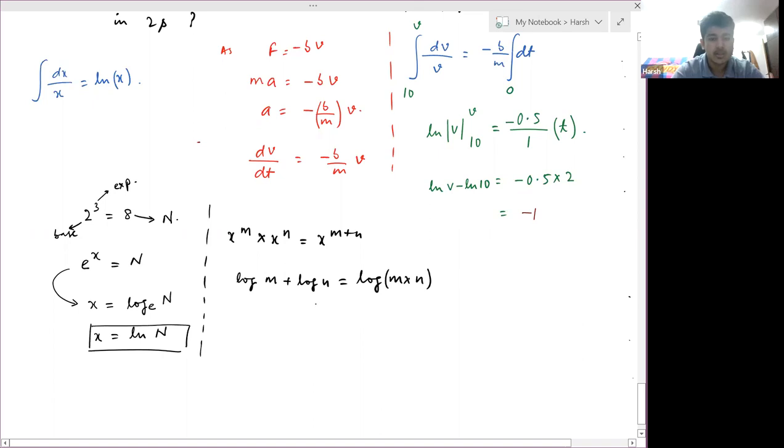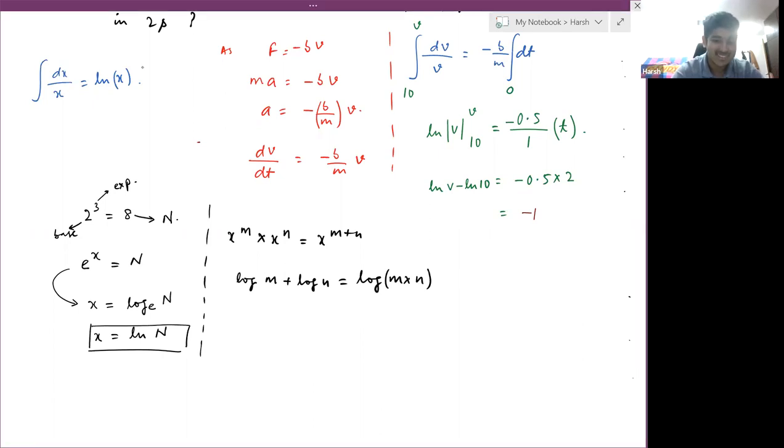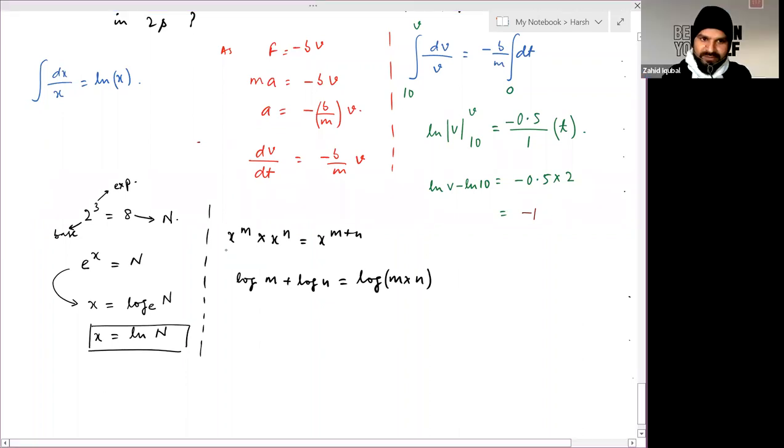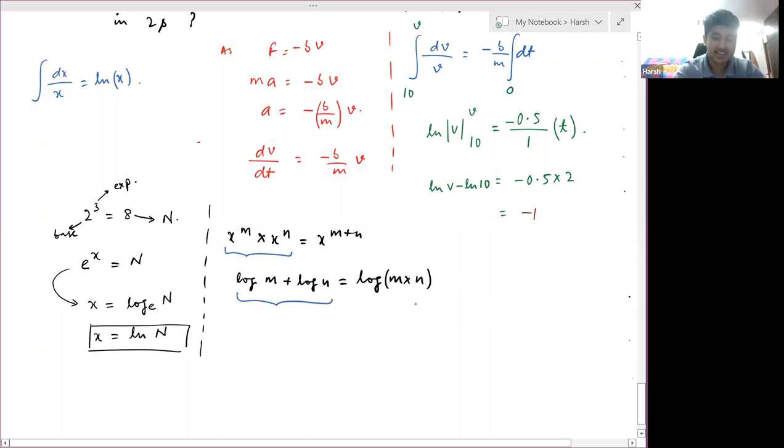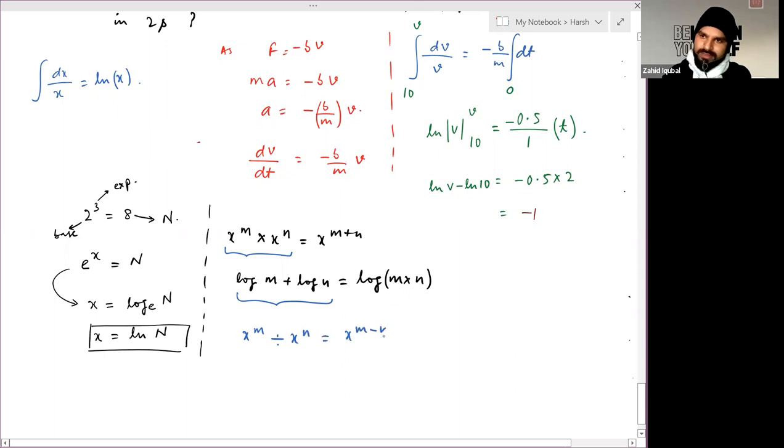Since in multiplication exponents get added, in log, addition becomes multiplication. Similarly, if you have x to the power m divided by x to the power n, the exponents get subtracted.